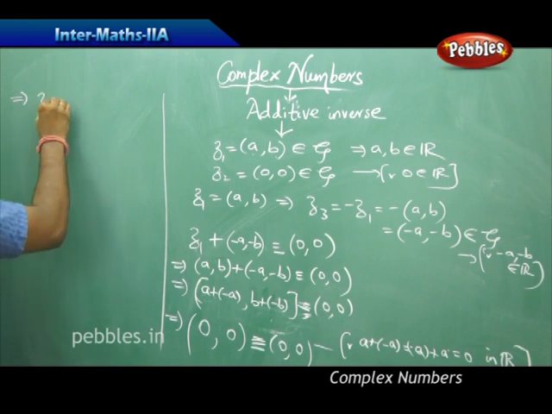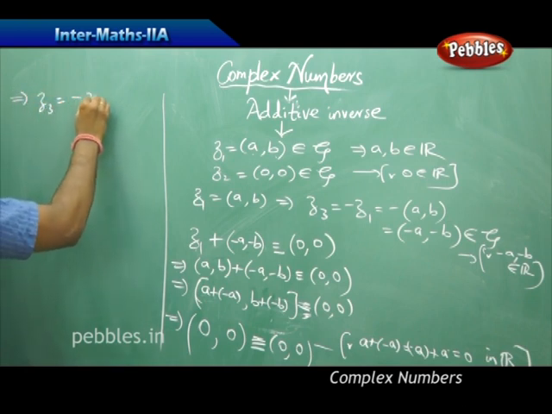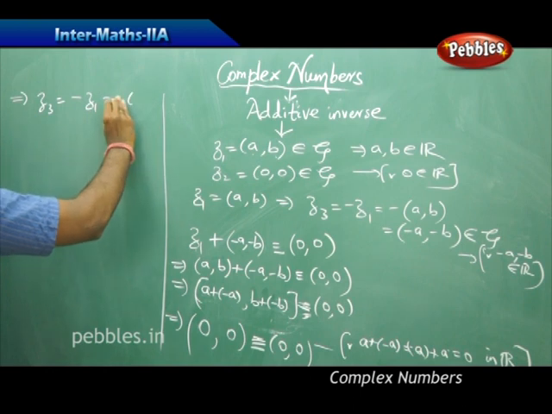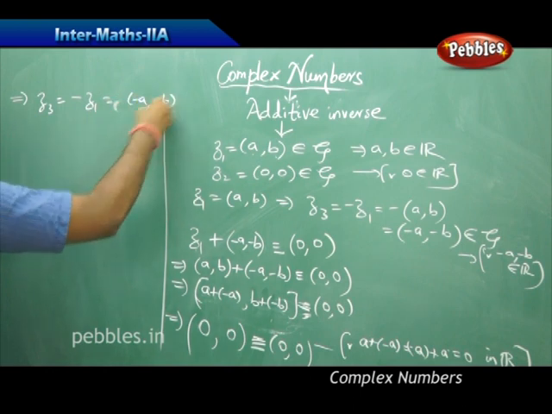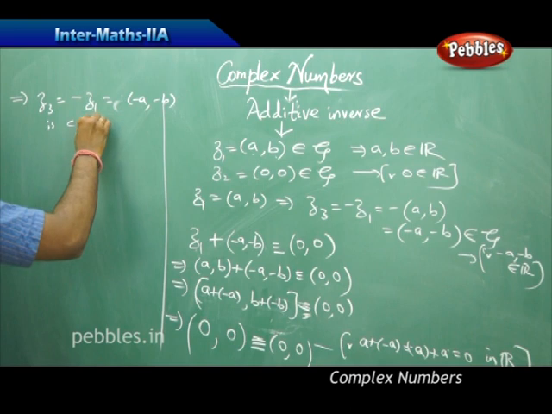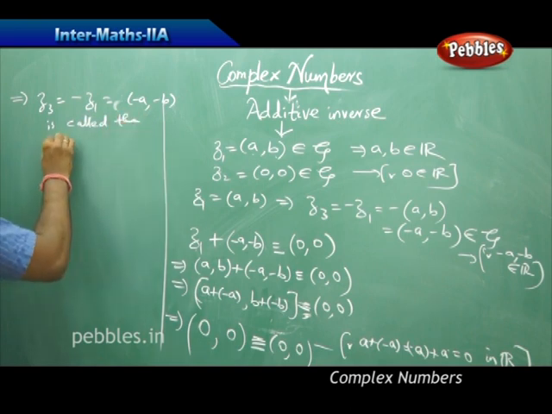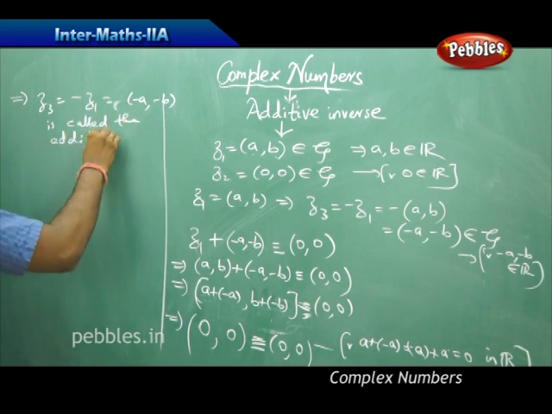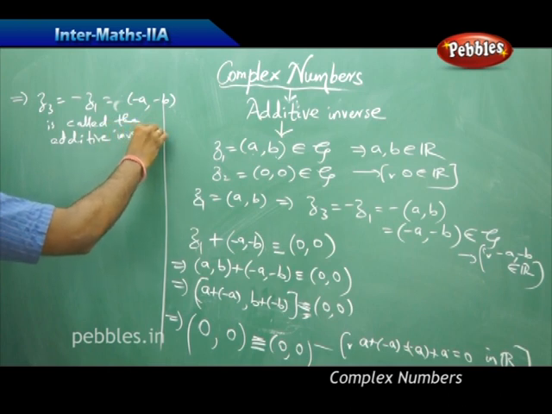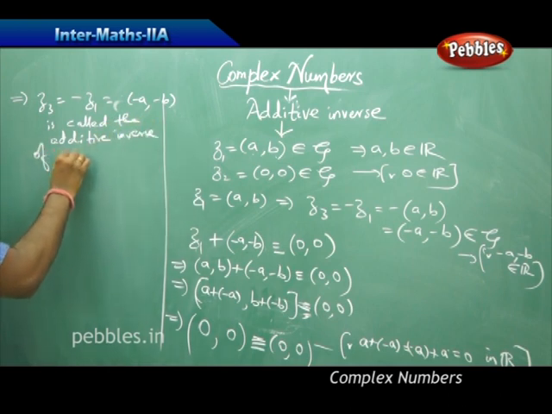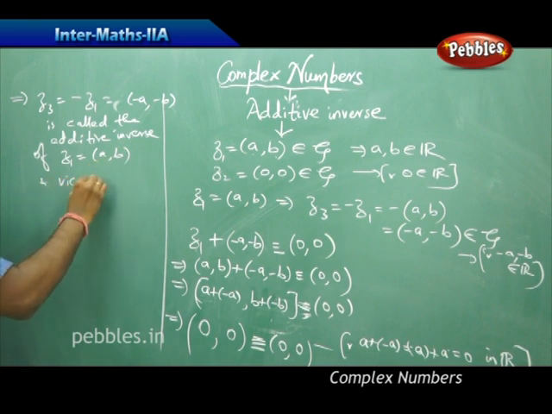So that implies z3 equal to minus z1, or (minus a, minus b), is called the additive inverse of z1 equal to (a, b), and vice versa.